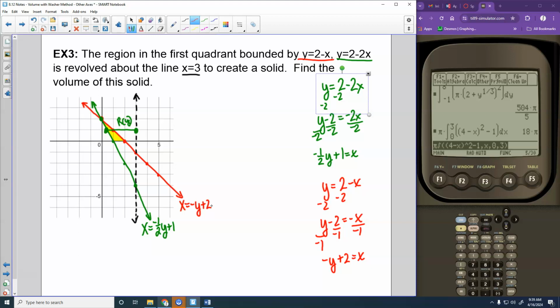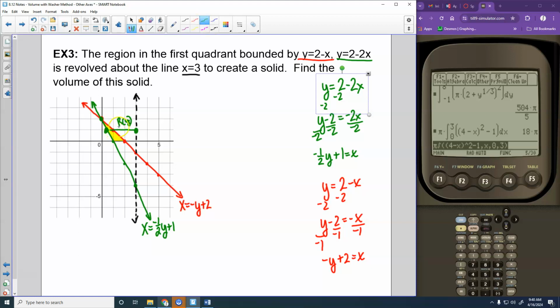Okay, so what we want to do for this, when you're going left and right, the right point needs to be the greatest, the left point would be the smallest, right? So just like we were doing top minus bottom on our capital R of x, we will do right minus left.